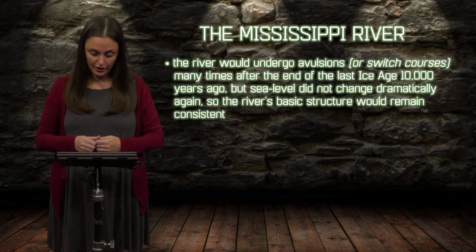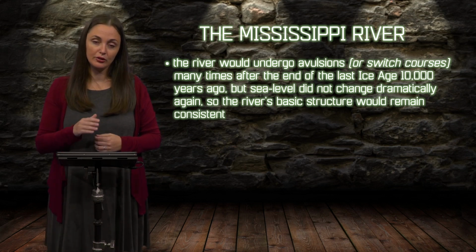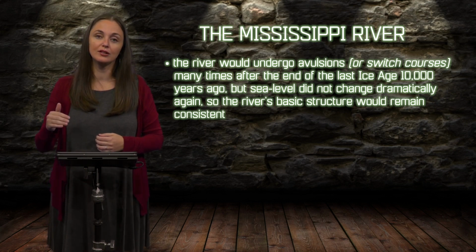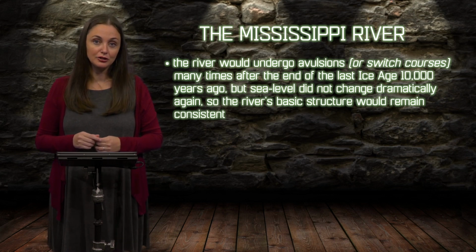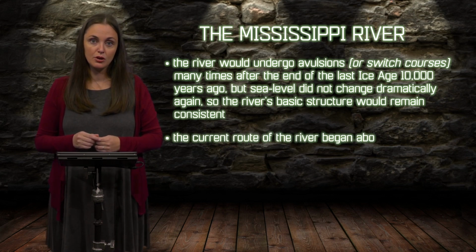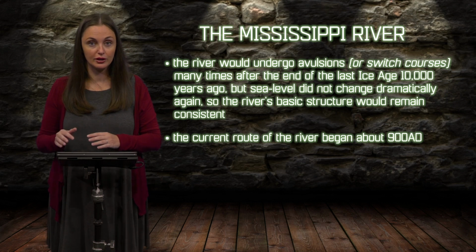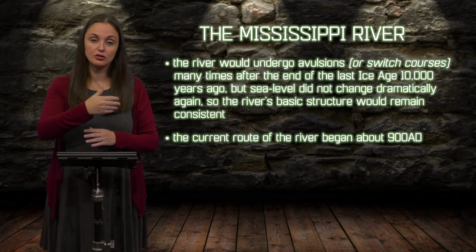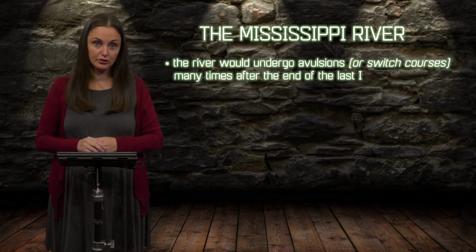So the current route of the Mississippi River, where it's flowing through South Louisiana past what's now modern-day Baton Rouge and New Orleans out to the Gulf, started around 900 A.D. So that's only about 1,100 years that it's been flowing in its current path. And we know that over hundreds and thousands of years before that, it's taken many, many different routes.